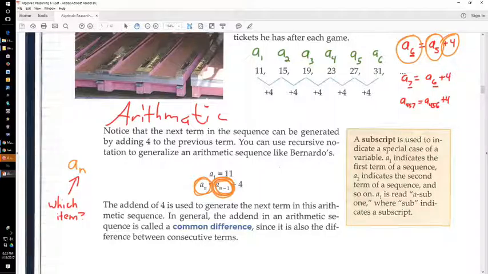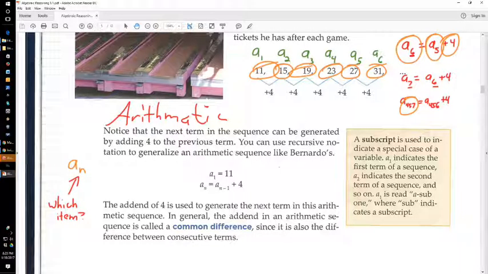This can literally be whatever you want: the first term, the second term, the third, the fourth, the fifth, the sixth, the 457th. It can be whichever one you want.